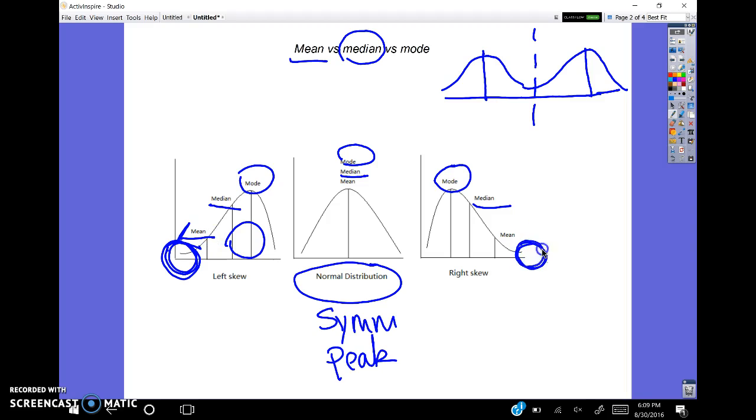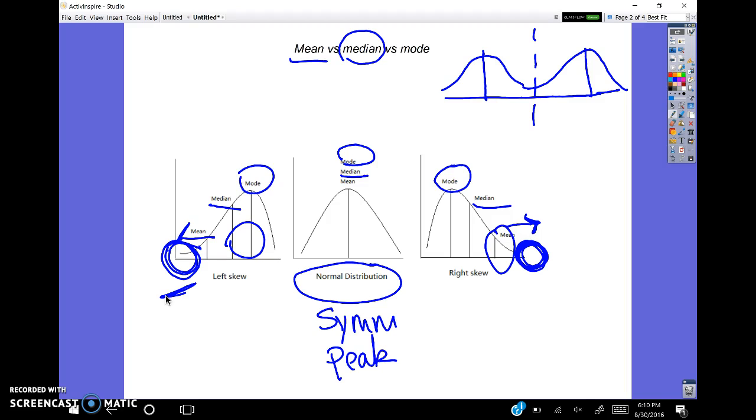If we have just a few, maybe even one really high value up here, so that could be an outlier, it's going to drag our mean way out there. Which now means that the mean is not going to be a good measure of our center because it's being pulled so hard in that one direction, or in this case it's being pulled to the left. So kind of the moral of the story is that if it's a normal distribution, really any of them are going to work, the mode, the median, the mean.